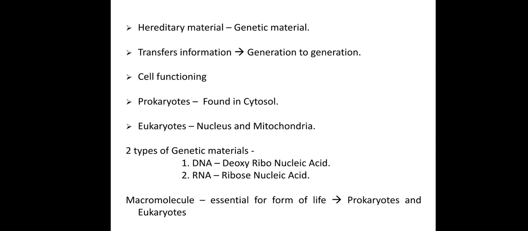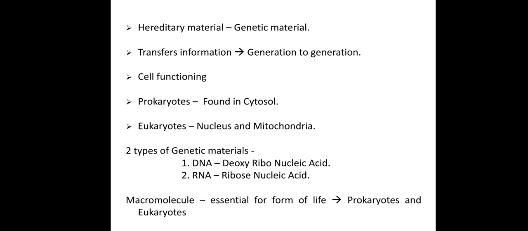When you talk about eukaryotes and prokaryotes, I am sure you are familiar with these terms. Prokaryotes are the organisms where the nucleus is not surrounded by a nuclear membrane. That means the genetic material, either DNA or RNA, is present in the cytosol, the cytoplasm itself.